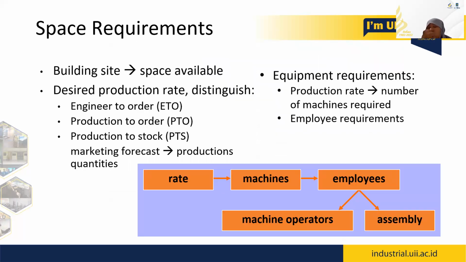Once we decide the type of machine in the process design, and then decide the number of machines in the schedule design, and the number of employees, the machine operators and assembly, we can try to calculate the space required.